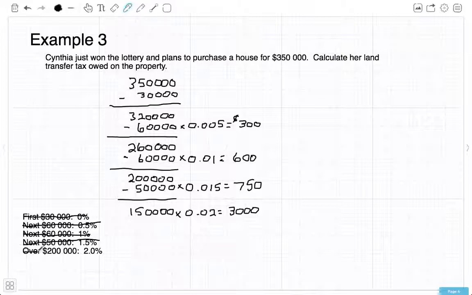That takes care of the last line of the table, and now I can add up all my taxes, and I get a total of $4,650 in land transfer tax owing on this property. It's about the hardest example we can make as it uses every level of the table.